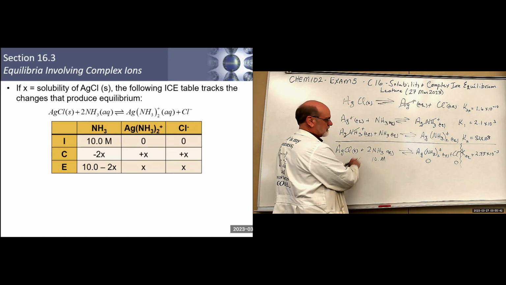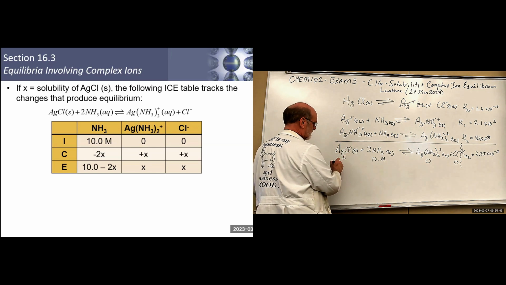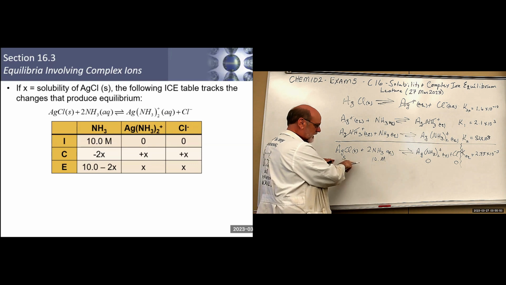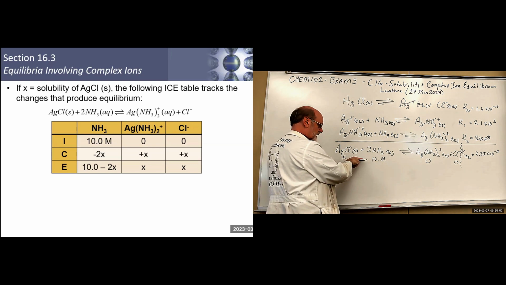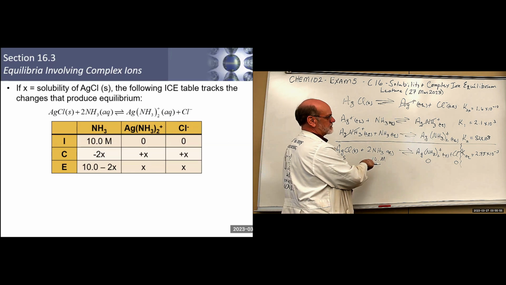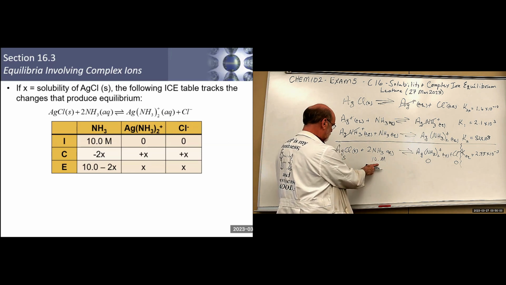They're using X, I like to use S. So the solubility in this scenario will take up 2 of these. For every one of those, you lose 2 of these.